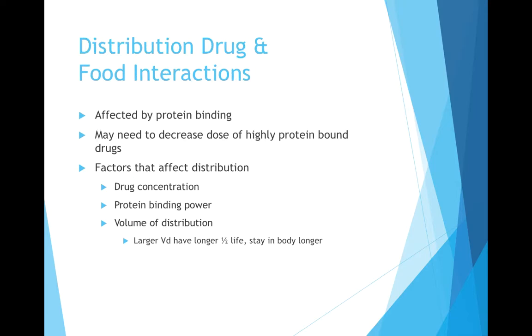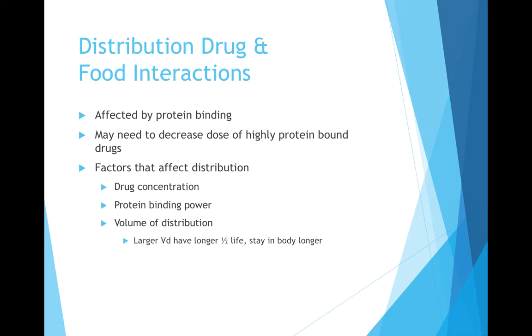So distribution of the drugs, of course, can also be affected. As I said, the protein binding in the bloodstream, and we may need to decrease doses of highly protein-bound drugs if we're giving more than one, especially because there's competition at that protein level. Some of the other factors that will affect distribution are the drug concentration itself, the protein binding power, and also the volume of distribution, how much of the compound was actually able to be distributed.